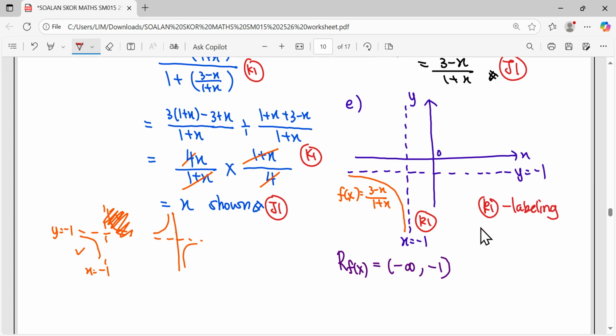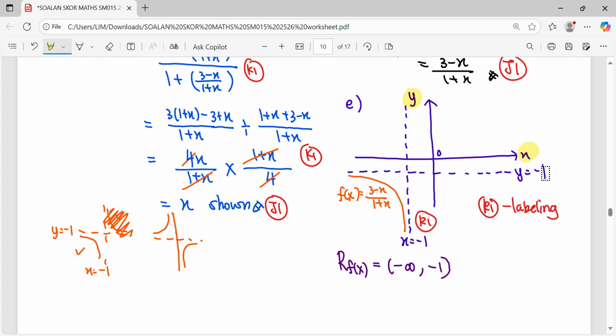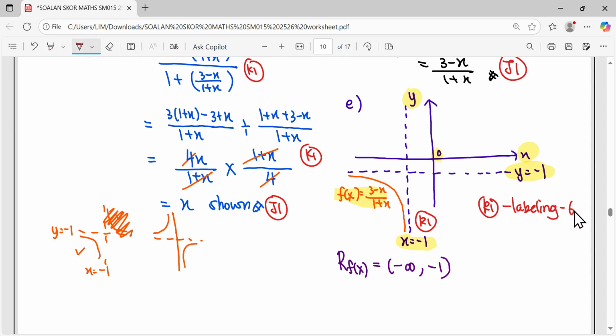How many labels should you have in the graph here? Okay, let's just see. 1, 2, 3, 4, 5, 6. So your labeling here must have 6. And lastly, state your answer for your range.